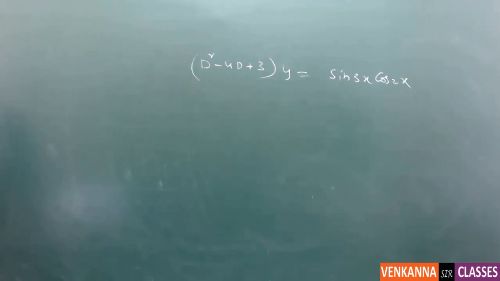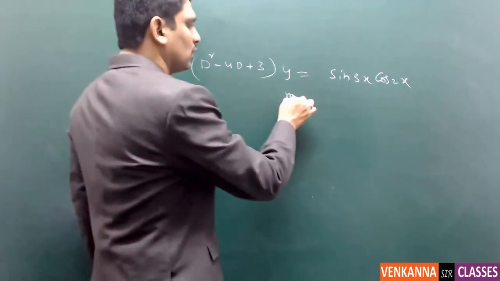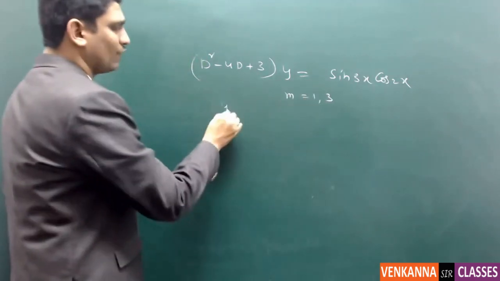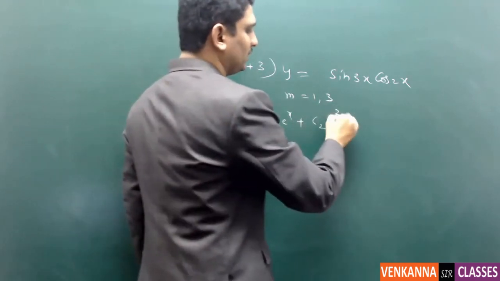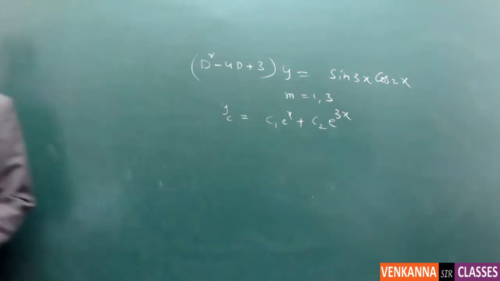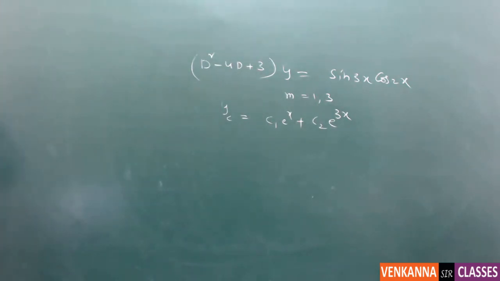I will write the solution at the last. As we have given, the roots are 1 comma 3. So yc is equal to c1 e power x plus c2 e power 3x. Please check it and confirm, all of you.